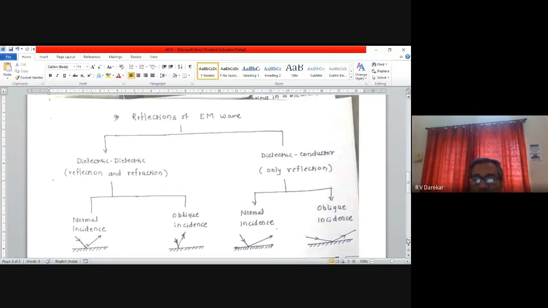Because if we are working in a mobile service provider company, like Vodafone or Idea, we have to consider the position of any tower.